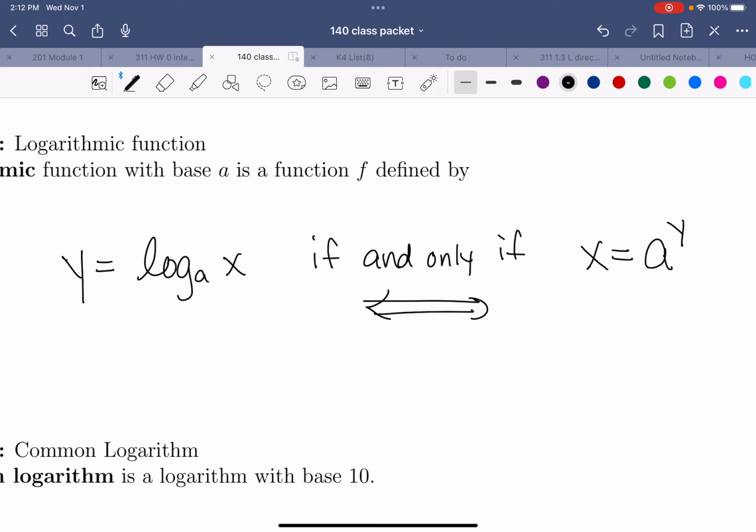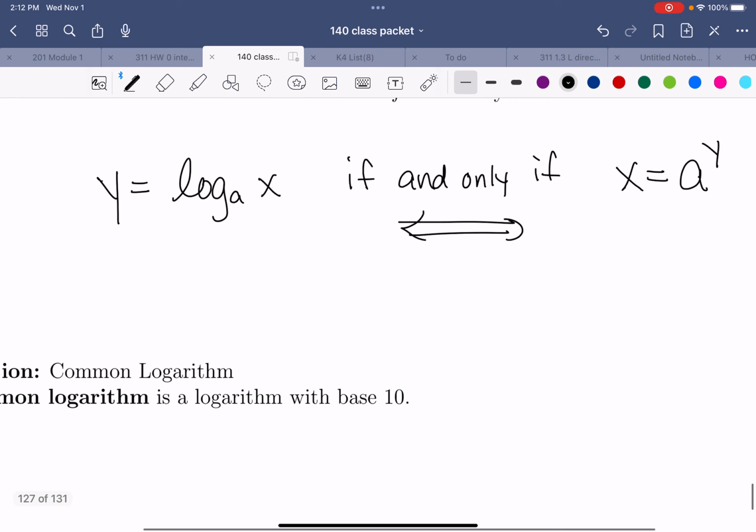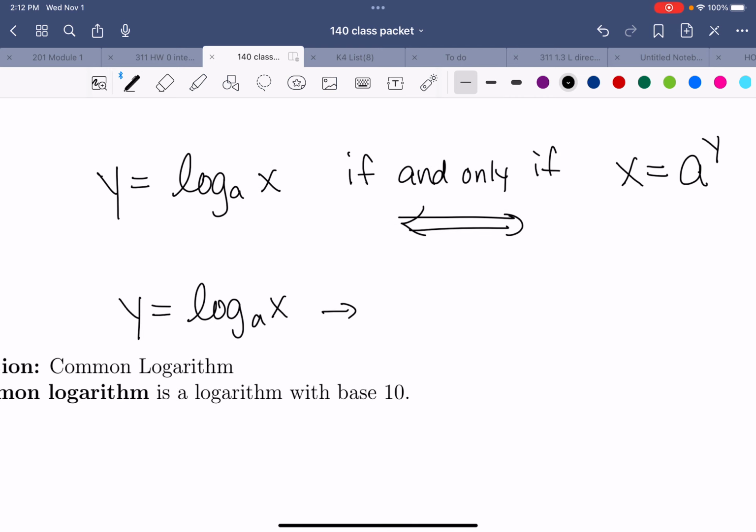And so the way we think about it, if we have y equals the log base a of x, then when we rearrange, the y represents the exponent. Then we have the base down here, whatever your base is going to be.